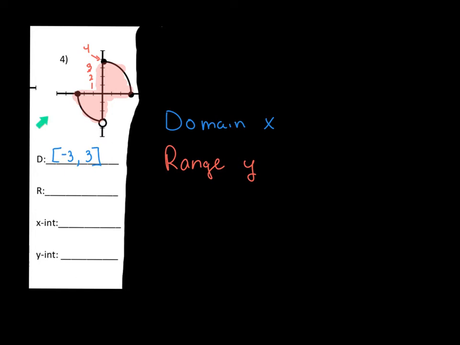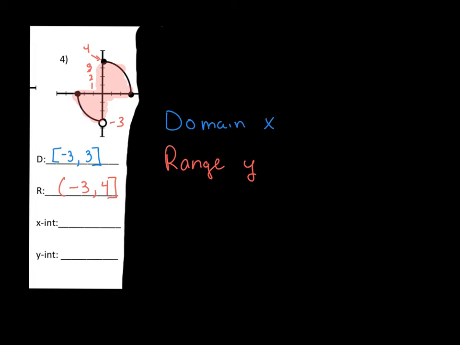But coming down here in this piece, because this is an open circle, that's 1, 2, right at -3, but that -3 will not be included. So our range, again, we always start from the bottom going up. So our range goes from -3 up to, and I'm going to call that just 4, because it seems like it's touching that.